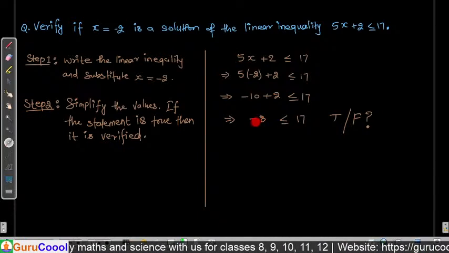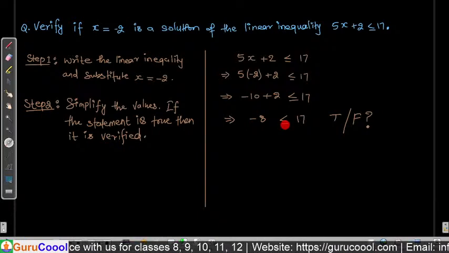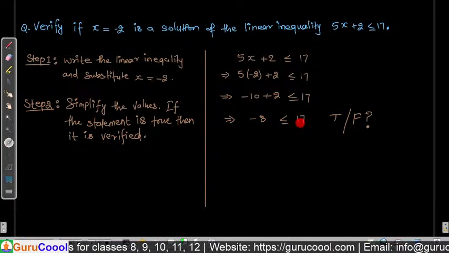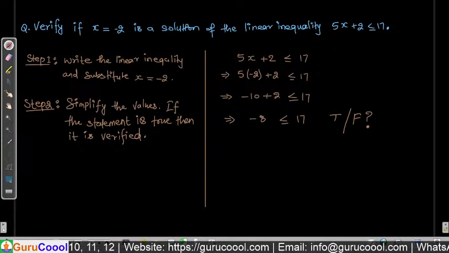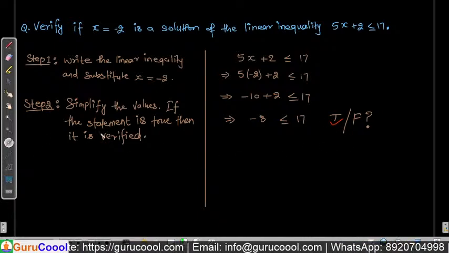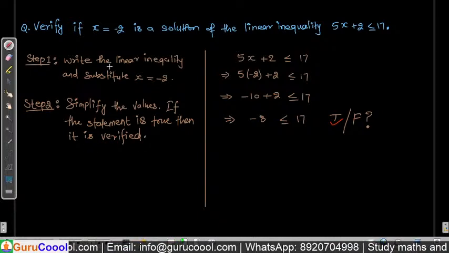This is telling minus 8 is either equal or lesser than 17. Is it telling true or not? Okay, it's telling true. If the statement is true, then it is verified. So the answer is verified.